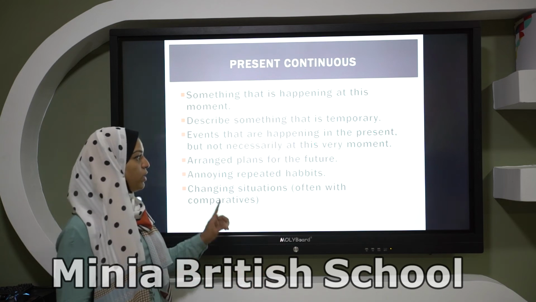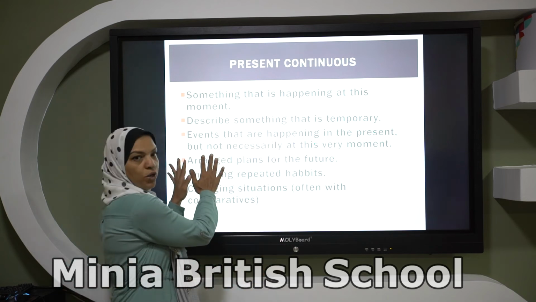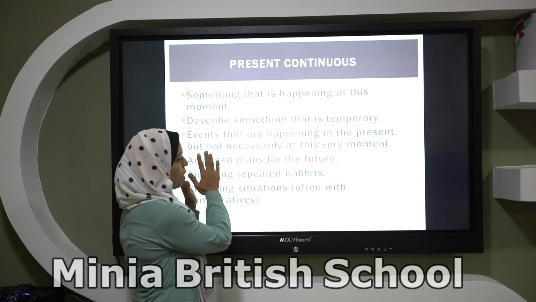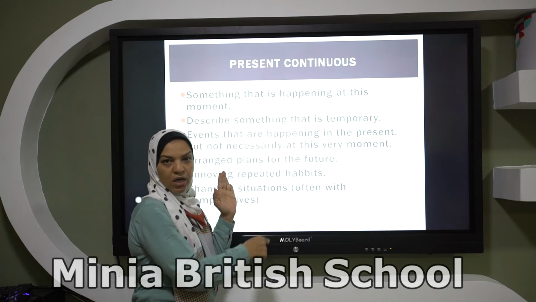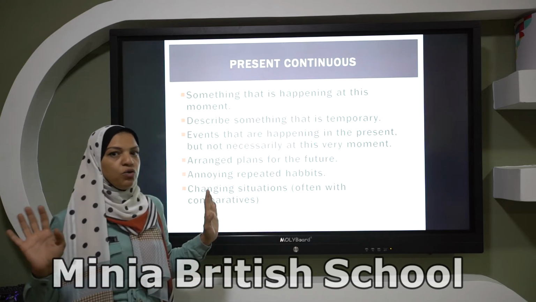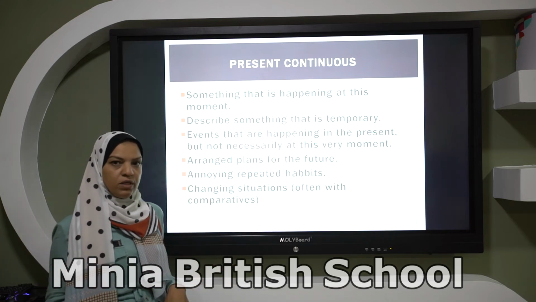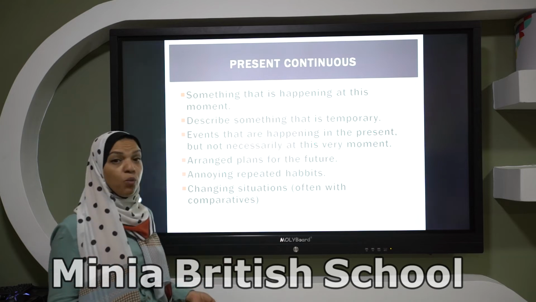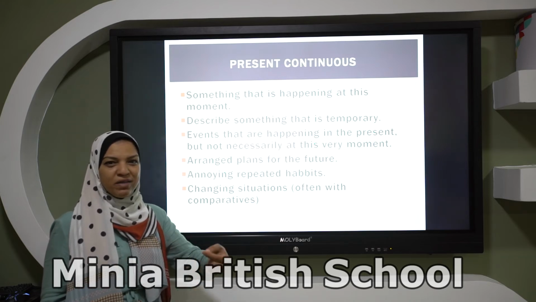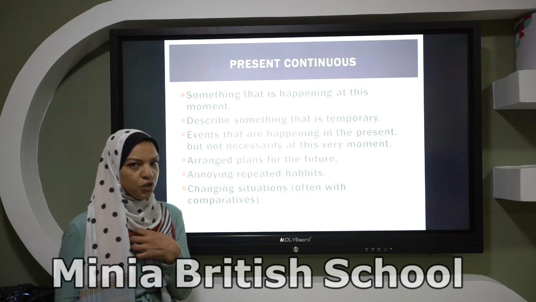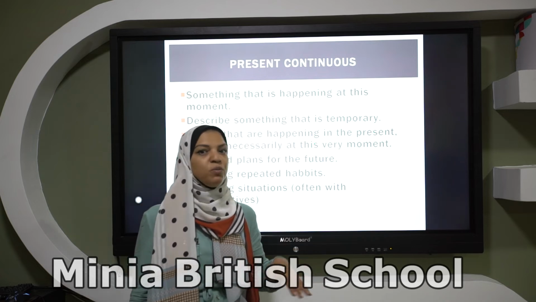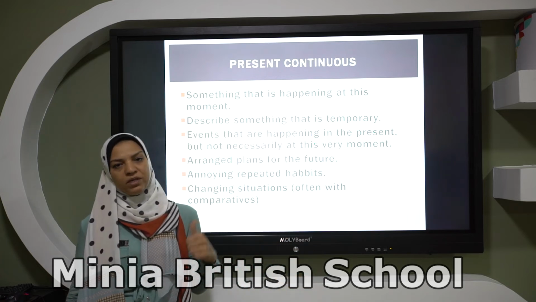Now, the annoying repeated action. If we took away the word annoying, we now have the words repeated action. So repeated actions, we usually use the present simple, and we have just said that. But when these actions are repeated and they are annoying to me or to anyone, it means that we can use only the present continuous.